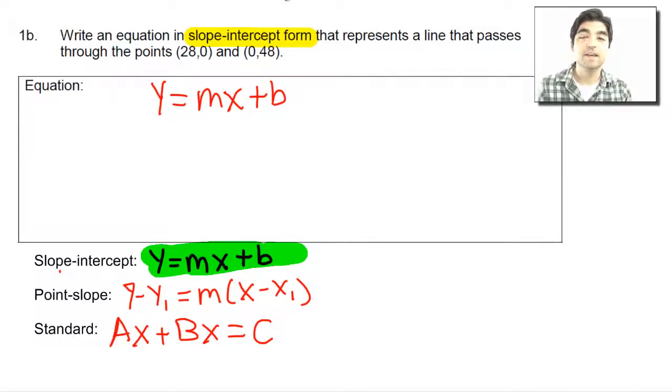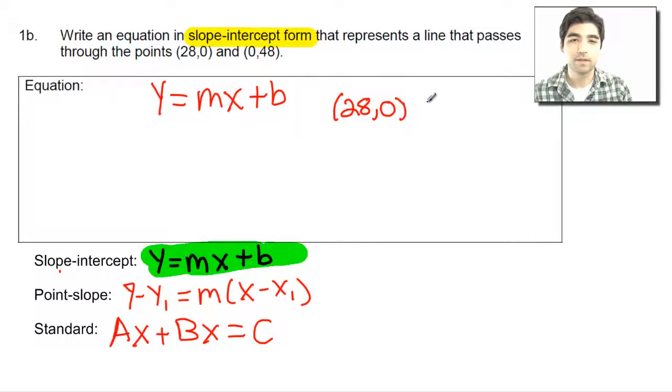So write that down. And if you notice that, let me write my points. I think that'd be the best way to do it. So let's write 28, 0. Just write your points down because we're going to do something with them. What I'm going to do is write an x and a y over top of it.